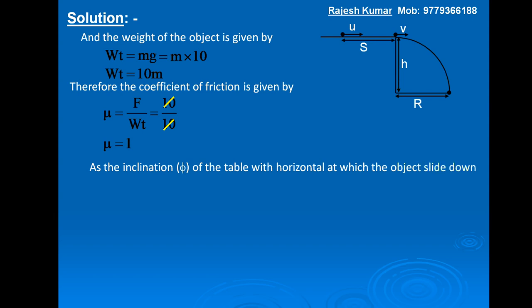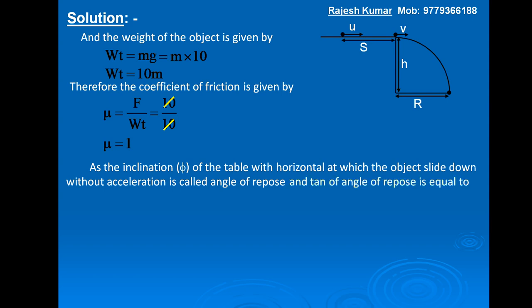The inclination of the table with horizontal at which the object slides down without acceleration is called the angle of repose phi. Tan of angle of repose is equal to the coefficient of friction.